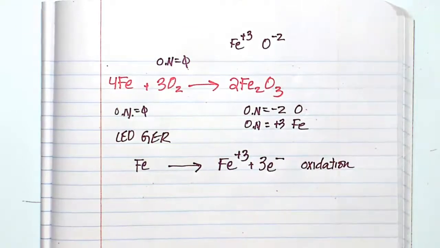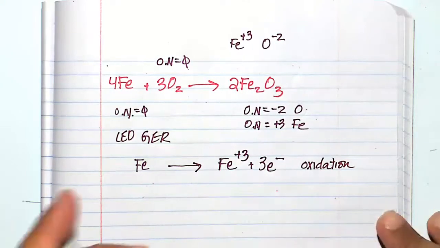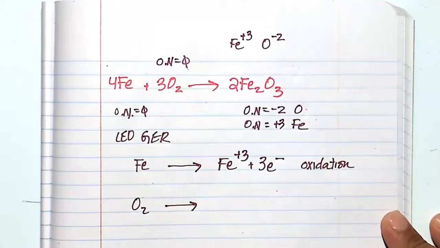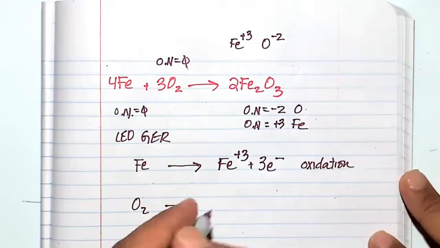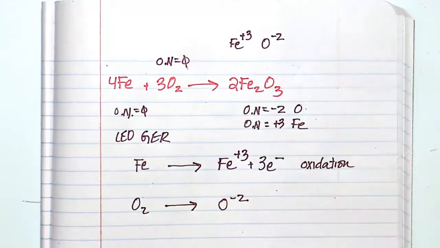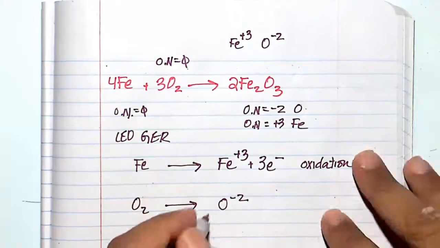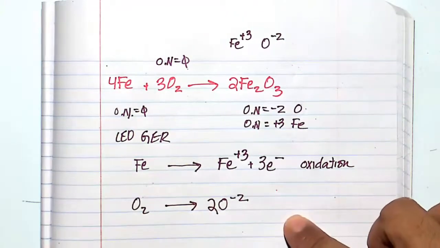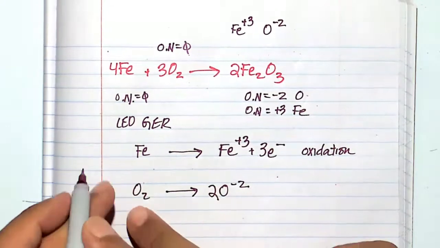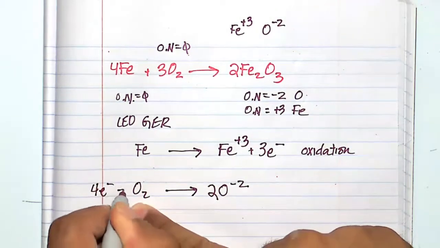Along the same vein, let's look at oxygen O2. We know that it is a lone element with an oxidation number of 0. This oxygen, in forming Fe2O3, became minus 2. We have 2 oxygens here, and we got only 1 mole of oxygen here, so we will balance that accordingly. Now we balance the charge. We got minus 4 here, so I'm going to put 4e minus here.